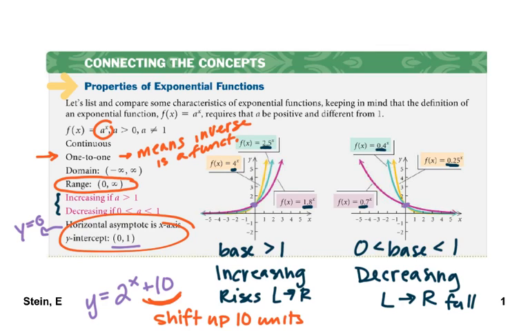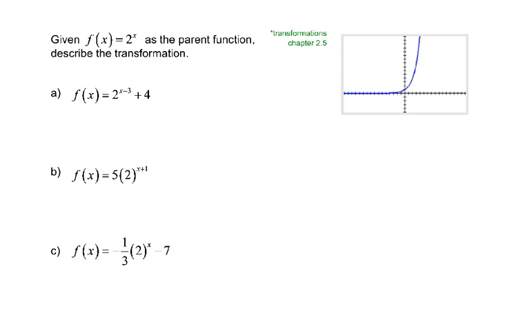Okay, so let's look at some transformations with exponential graphs now. So here we're given f of x equals 2 to the x as our parent function. And we want to describe the transformations that are occurring here.